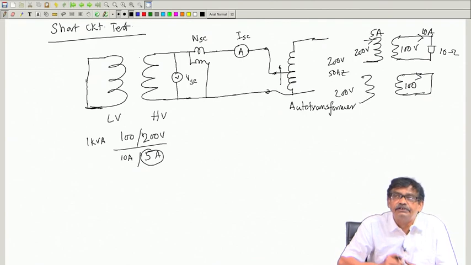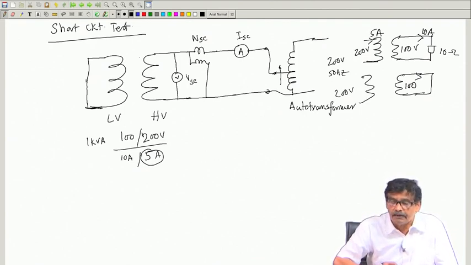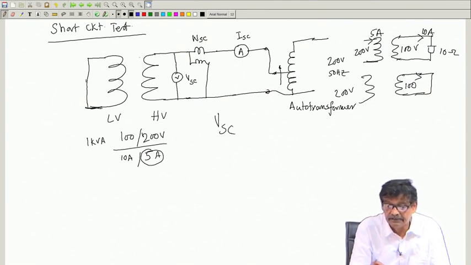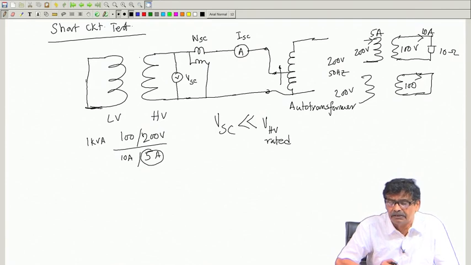Therefore, only a little voltage is required to do this. Got the point? So, the applied voltage V_SC must be much less than the rated V_HV. Whatever 200 volt is the rated voltage, do not apply 200 volt under short circuit, but a little voltage, as you can see, and I have no problem.